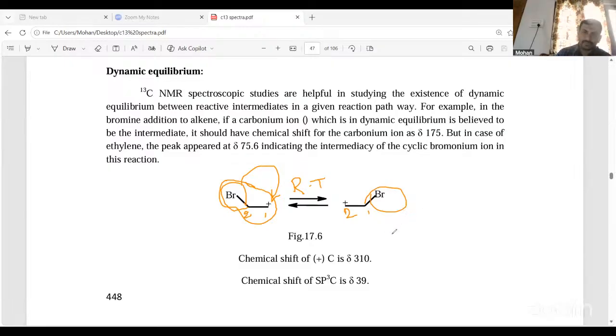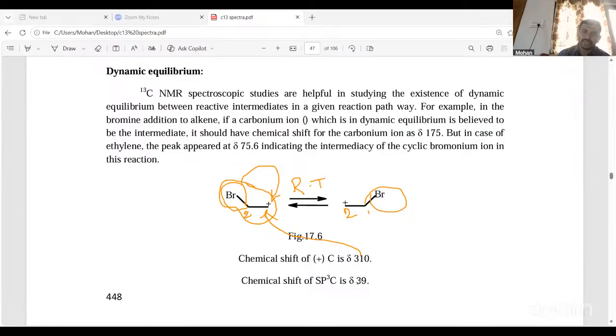By this you can say that there is an establishment of the dynamic equilibrium, meaning carbocation to carbocation interconversion is taking place. And that will be confirmed by the observation of the C13 chemical shift values for this particular compound. The chemical shift of the carbocation is 310 here.